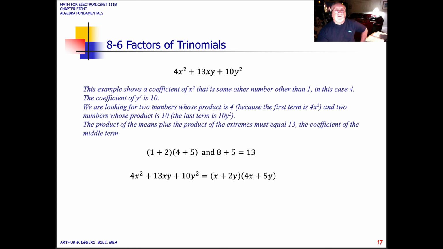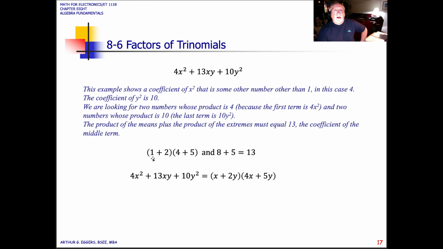So we're looking for two numbers whose product is 4, because the first term is 4x squared, and two numbers whose product is 10, the last term being 10y squared. The product of the means plus the product of the extremes must equal 13, which is the coefficient of that middle term.